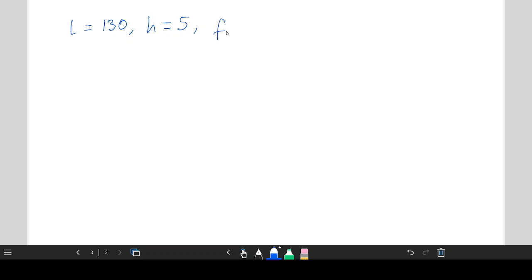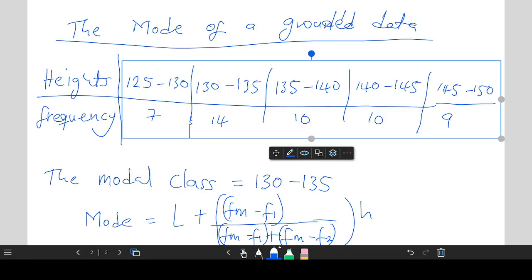And Fm, which is the frequency of the modal class, is 14. F1, which is the frequency of the class preceding the modal class, is 7. F2, which is the frequency of the class succeeding our modal class, is 10. So with this data, now let's go back to our data set. L is the lower limit.